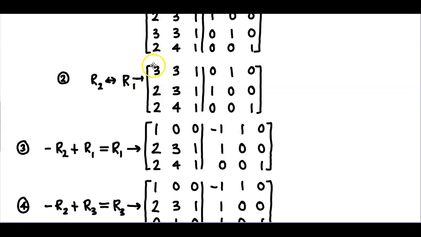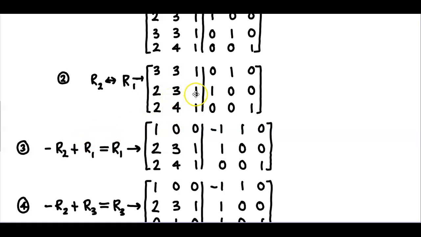And so now to get that 1 in the upper left-hand corner, we can multiply row 2 by negative 1 and then add it to row 1. So negative 1 times 2 plus 3 gives you a positive 1. Negative 1 times 3 plus 3 is 0.